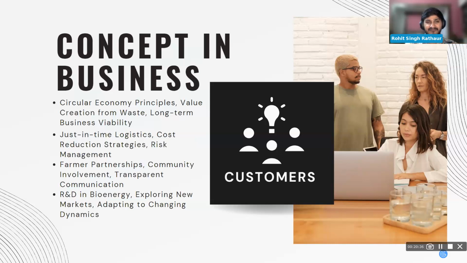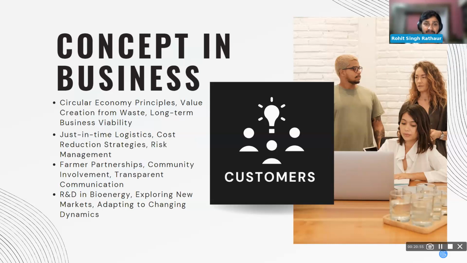And also, modern businesses thrive not only in isolation but also in collaboration. So engaging with the stakeholders, especially farmers, in the context of agriculture-based business is very, very crucial.